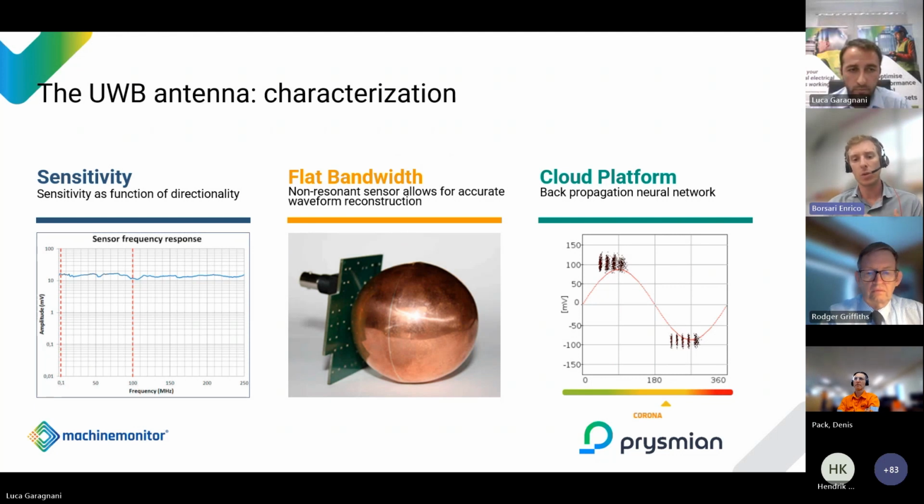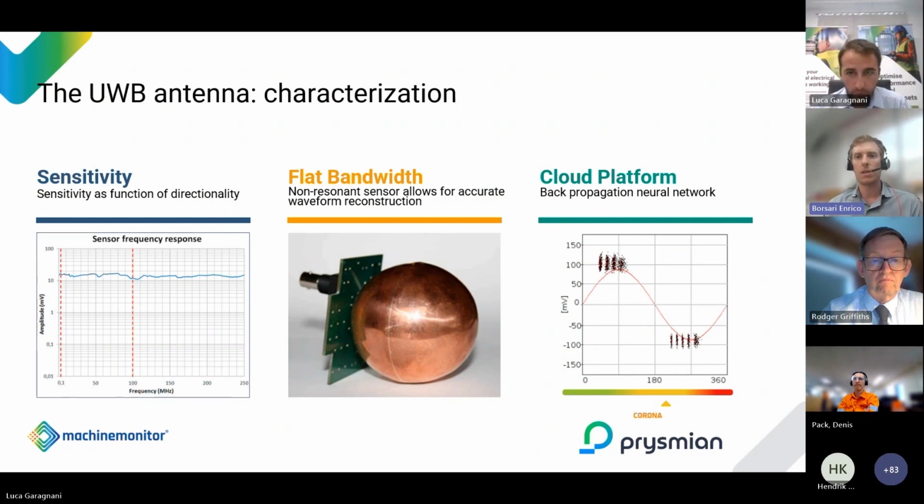That means that the reconstruction of the partial discharge pulse can be done to a higher accuracy than standards, and that allows us to use the waveform as a tool to cluster noise, partial discharge, and different events, and to differentiate one from the other. So the device has this waveform clustering approach.